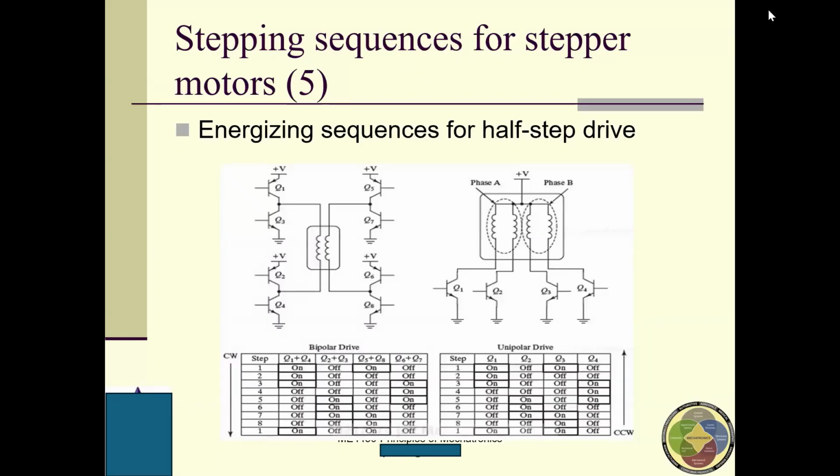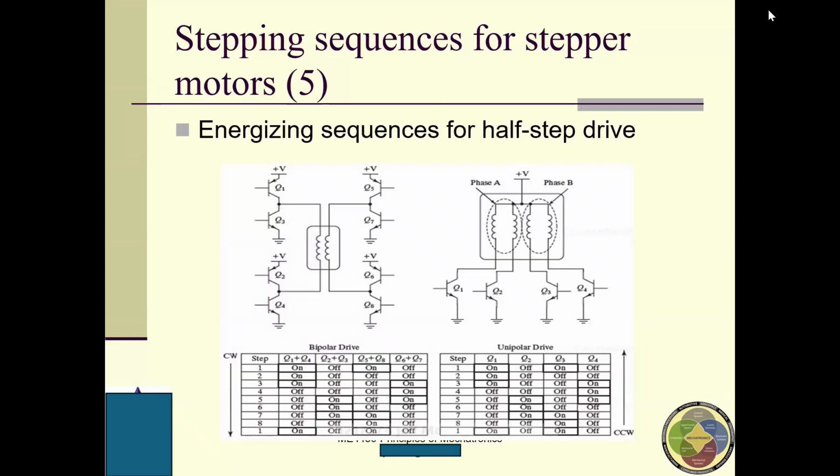Half step is a combination of full step and wave mode. And write down, guys. Our first mode is wave mode. Second mode is full step mode. And third one is half step mode. Half step mode means that I can combine the wave drive and full step drive together.